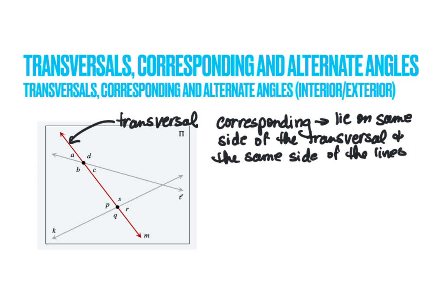Here's my transversal. On the left side are all these angles, A, B, P, and Q. Same side of the lines. I have this line here, this line here. If I go above that line, these two angles, A and P, are corresponding.